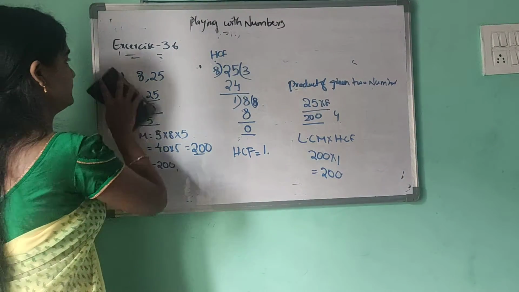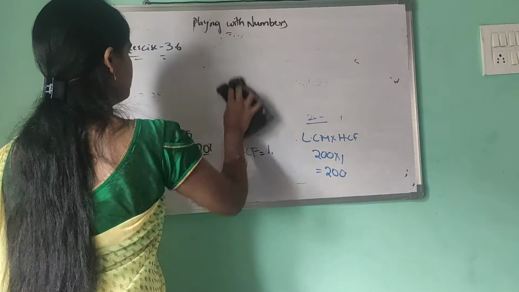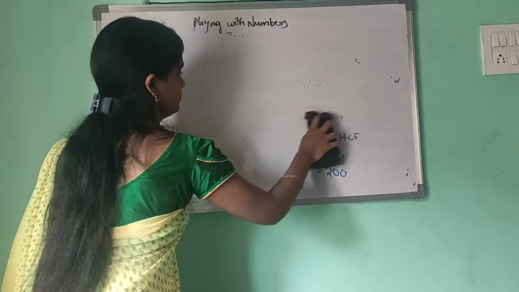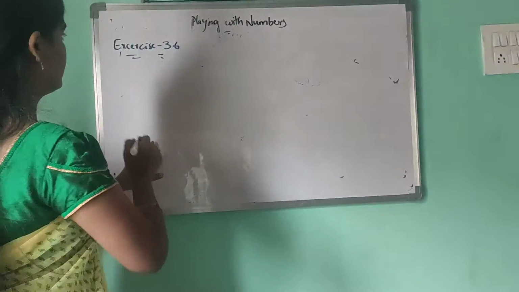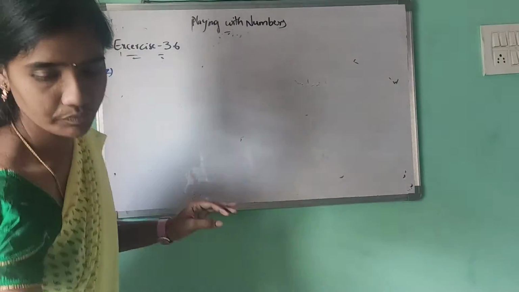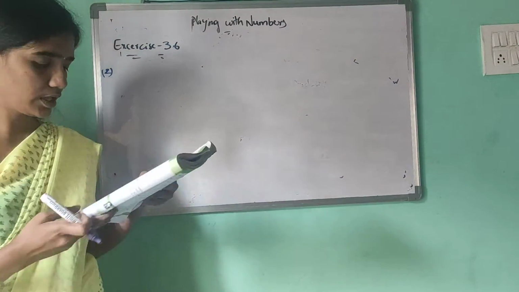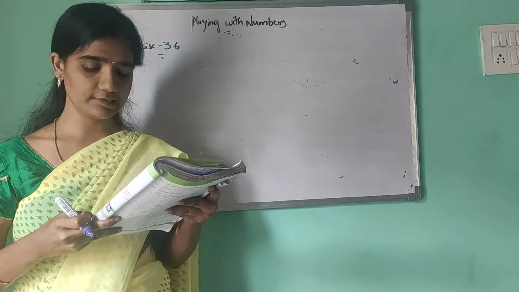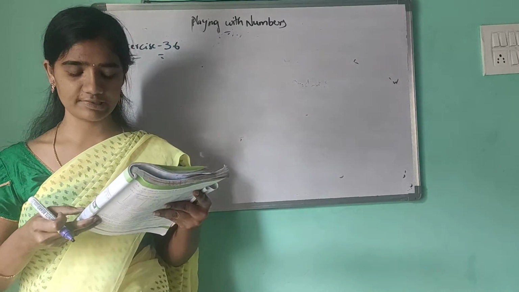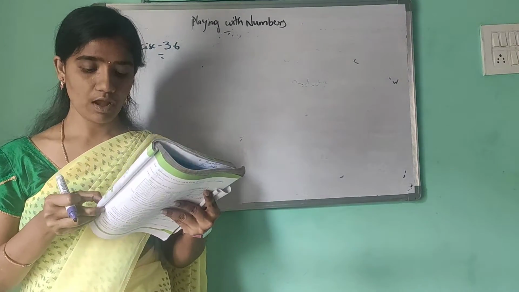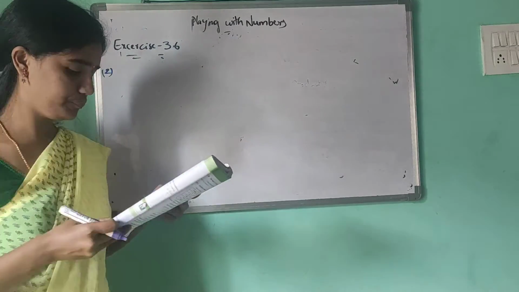Let's check with the second sum. If the LCM of two numbers is 216 and their product is 7776, what will be its HCF?